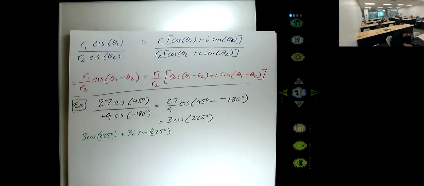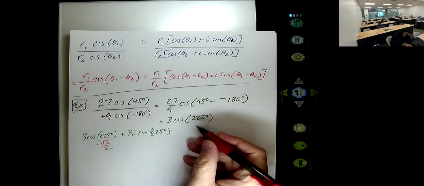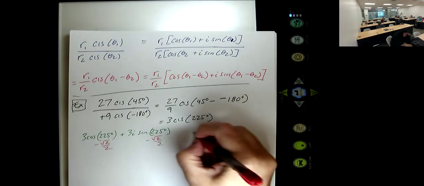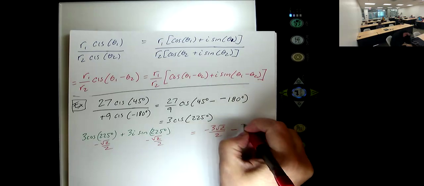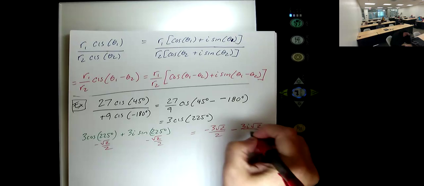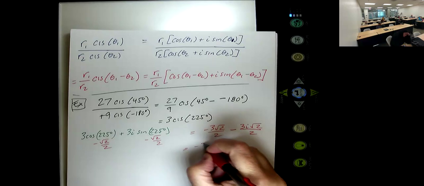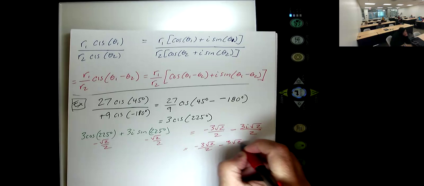Lydia's in the fun zone. What's cosine of 225? About sine of 225. Or putting the I afterwards.